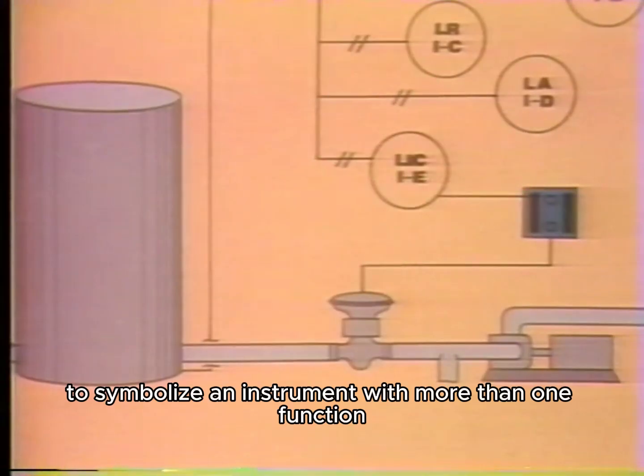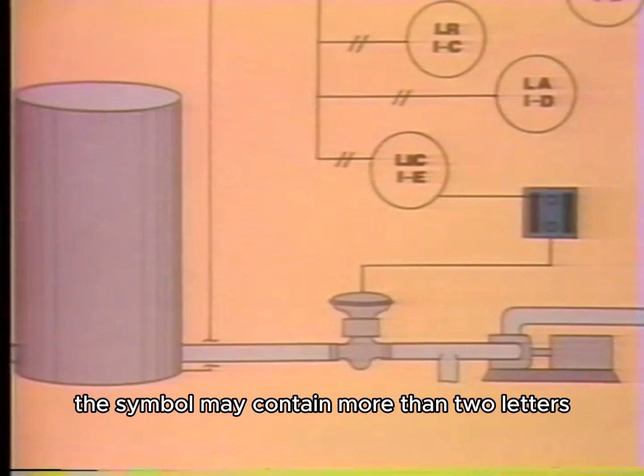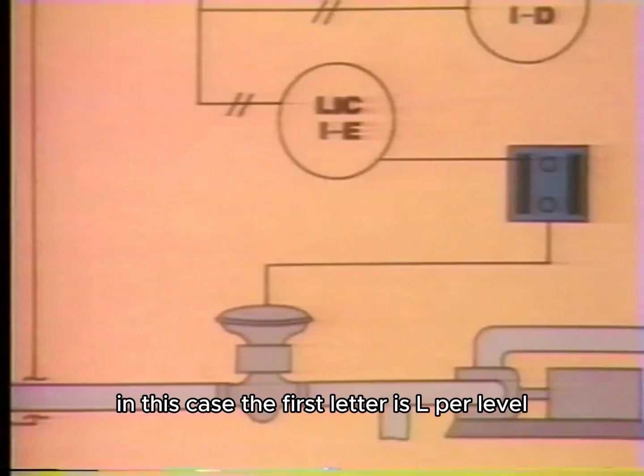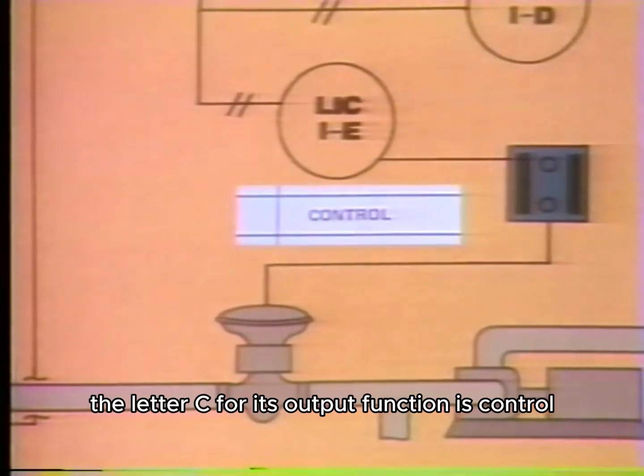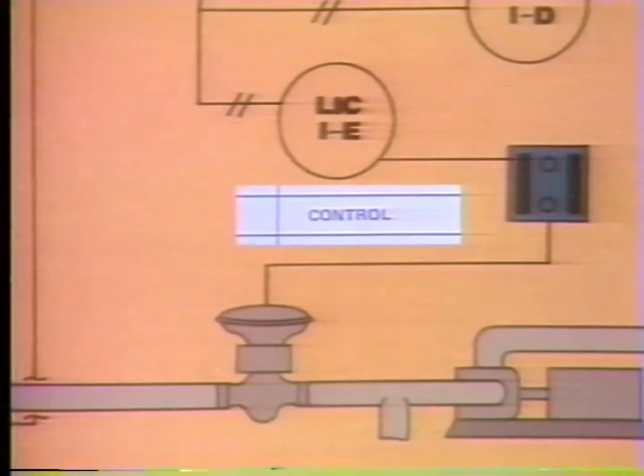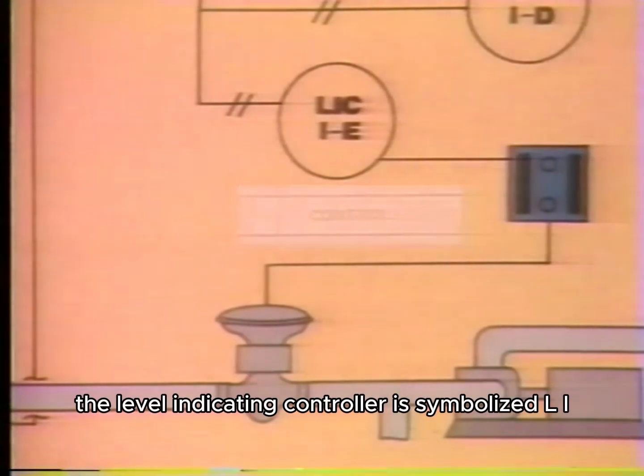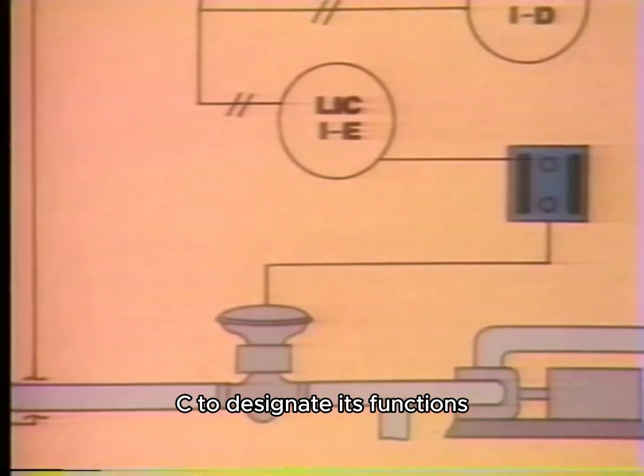To symbolize an instrument with more than one function, the symbol may contain more than two letters. In this case, the first letter is L for level. Its readout function is I for indication, and according to the chart, the letter C for its output function is control. So you can see that the level indicating controller is symbolized LIC to designate its functions.